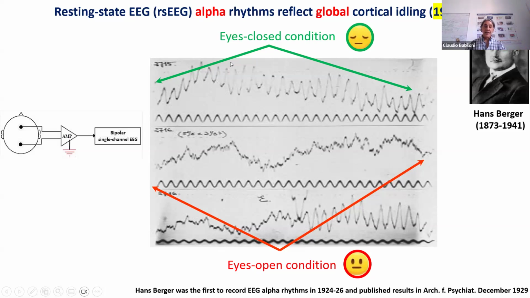And you see that this ample oscillation of EEG activity during the eyes closed condition is very close to 10 cycles, 10 Hz.